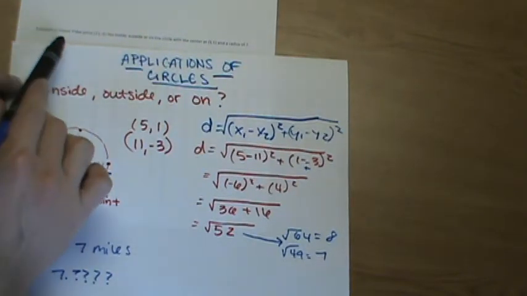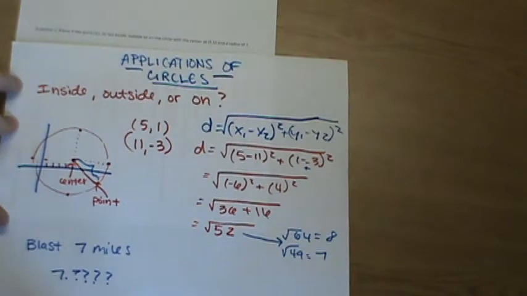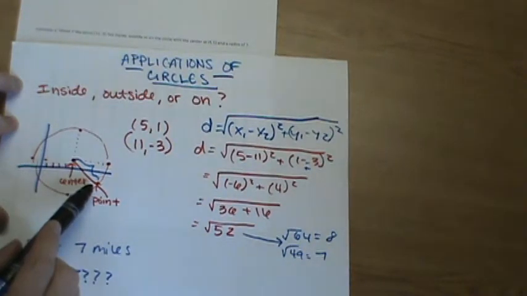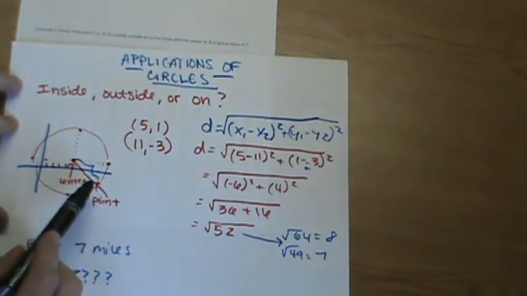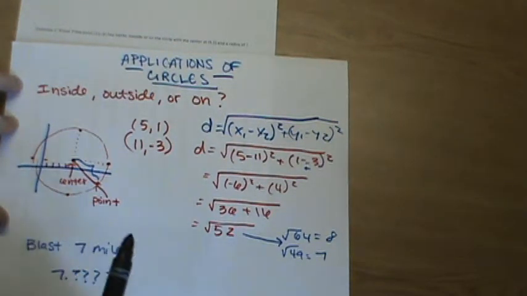So back to the question. Prove that the point 11 comma negative 3 lies inside the circle, outside the circle, or on the circle. Well, our number is greater than 7, so it's outside.